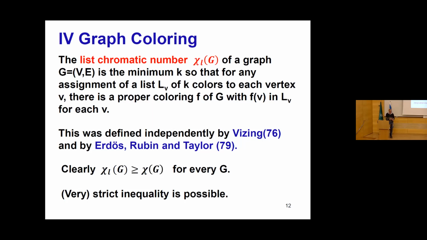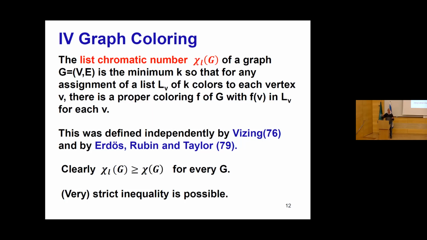The definition clearly implies that the list chromatic number of every graph is at least the chromatic number, but in fact, a very strict inequality is possible. And indeed, it is known that every graph in which the average degree is big has big list chromatic number.